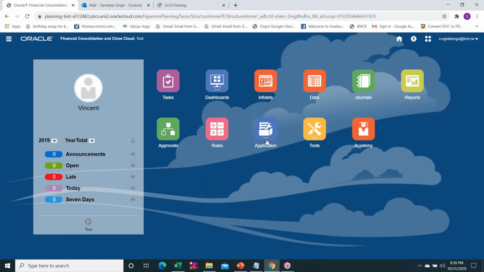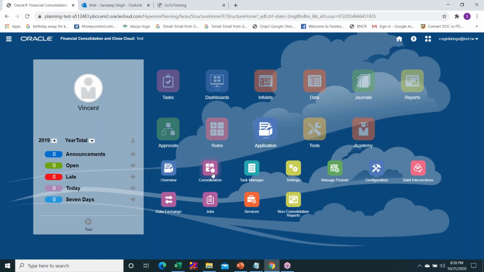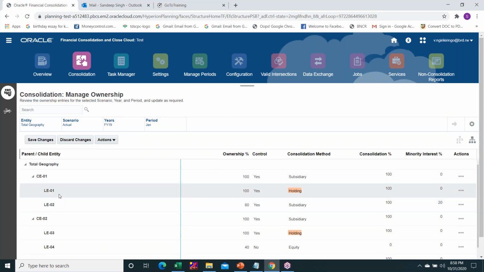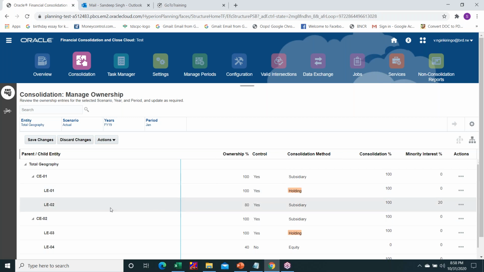So you need to go within the application, within the consolidation. Here you can see that we do have the CE01. Under this, we do have the two children. Legal entity 01, I have defined as a parent company, as a holding company, and legal entity 02 as a subsidiary company.